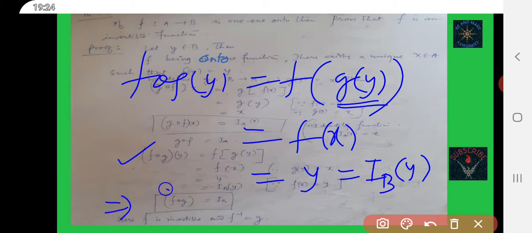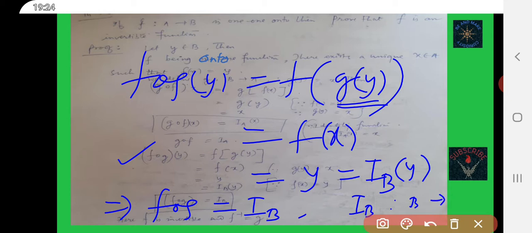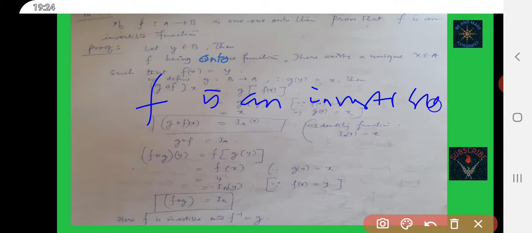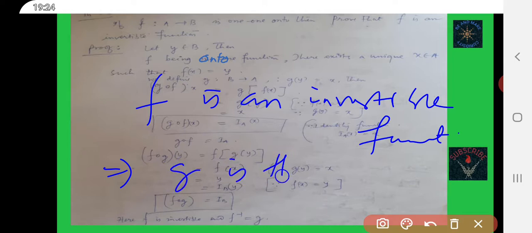So f∘g is equal to I_B, and I_B is an identity function mapping from B to B. Now two conditions are satisfied, so we can write that f is an invertible function, and g is the inverse of f.